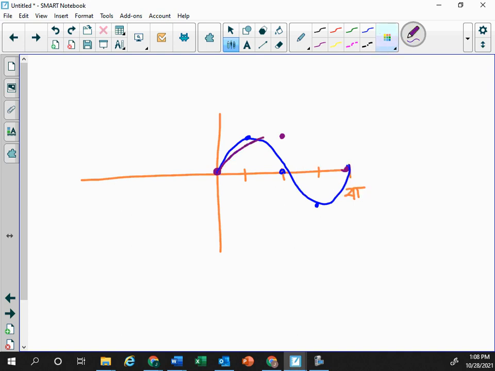Here's what we graphed. That's why we had to go all the way to 4 pi so that we could see the whole thing. Okay? So in order to relabel the graph, you just divide all the parent graph values by the B value. Yep. That's it.